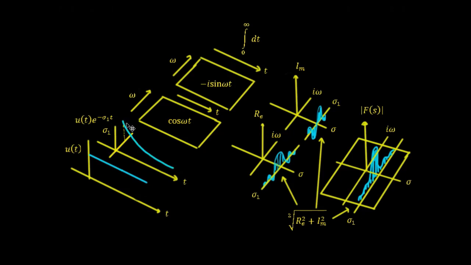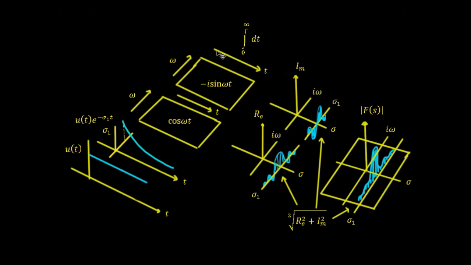So this here multiplies this here, and when they've multiplied together, both of them are then going to modulate the cos omega t surface. So I've just drawn the little square to represent the cos omega t surface. So this is the time axis here, just the same as here. The time axis runs in this direction, and this is the frequency axis running in this direction. So we've got this thing multiplied by that, which modulates this surface, and it also modulates this surface here.